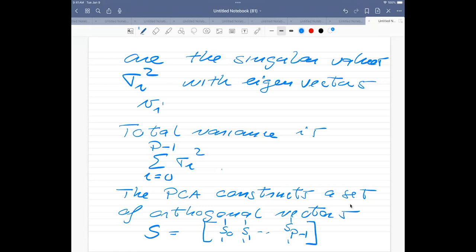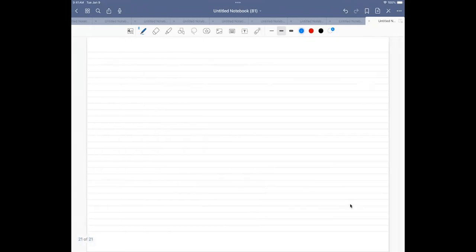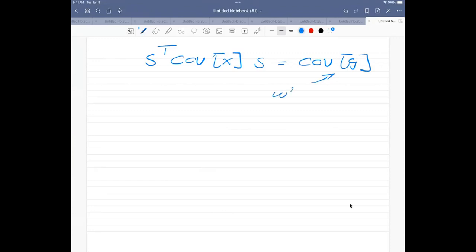So this matrix S will diagonalize the covariance matrix. If we take this matrix S and multiply, this is the standard way by which we would perform these operations. The S is put outside here, and that will give us the covariance of Y, which is diagonal. Which means that the data are not correlated anymore.